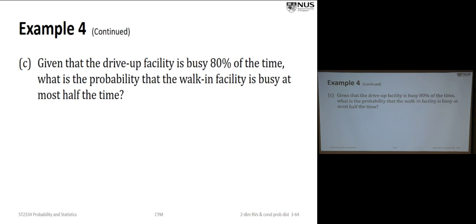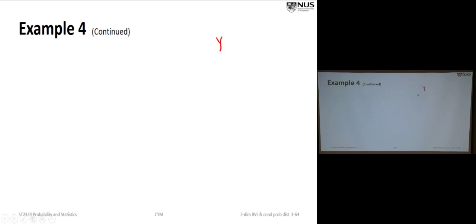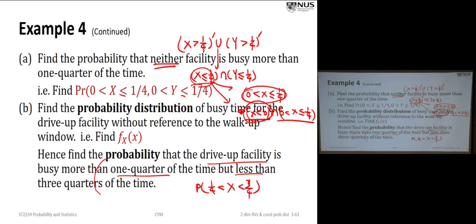what is the chance that the walk-in facility is busy at most half of the time. All right. So you have to translate this into a probability statement. Here, what is drive-up? Drive-up is x, right? Yeah, drive-up is x.